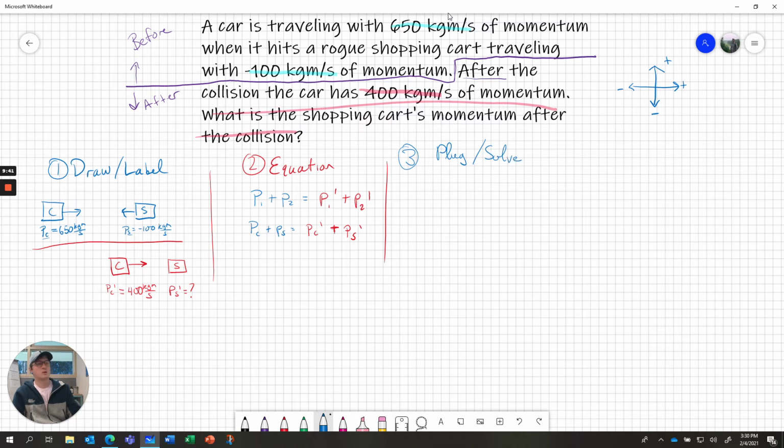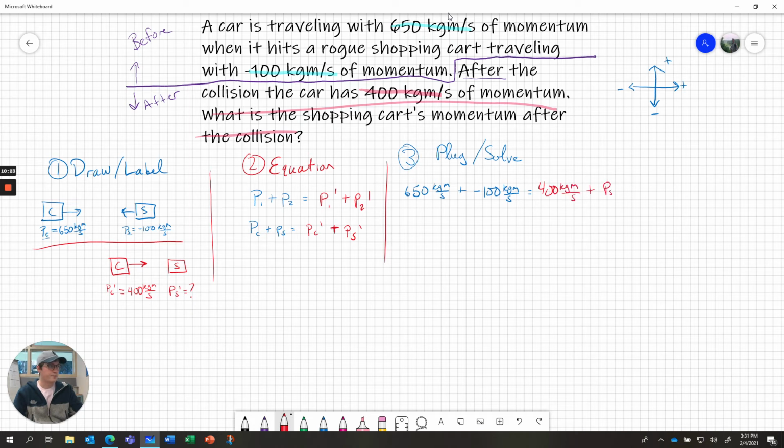All right, so PC we have listed as 650 kgm over s, easy. PS is negative 100 kgm over s, and PC prime is 400 kgm over s plus, oh, that needs to be red, plus PS prime.